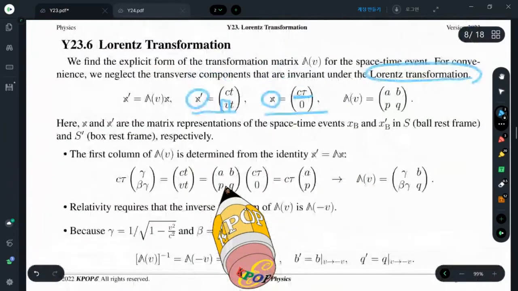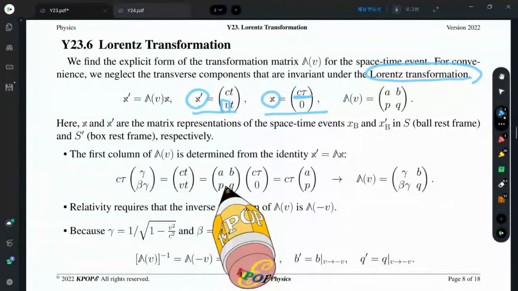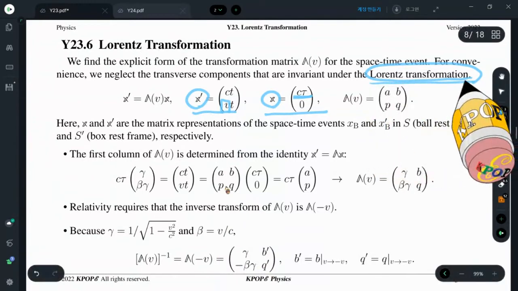Okay, so just like what we have done with the rotation matrix, we can find the matrix representing the Lorentz transformation that results in the time dilation and length contraction.